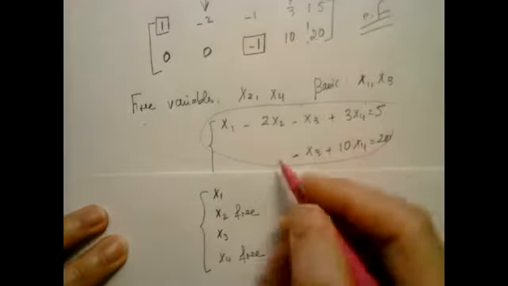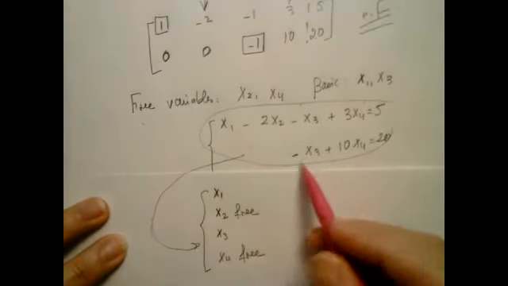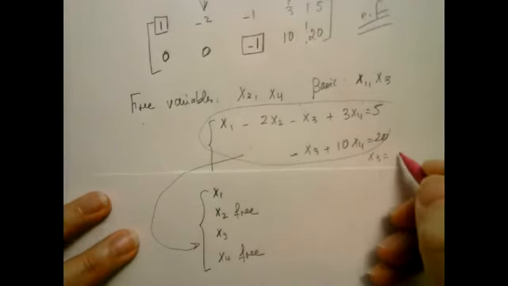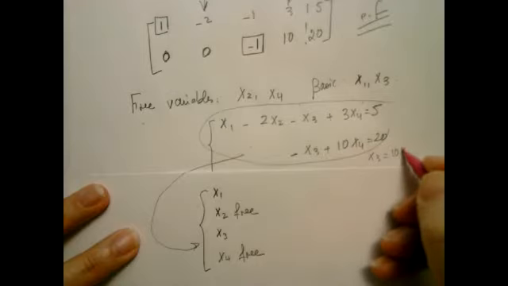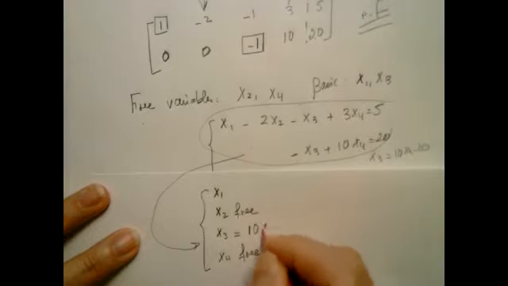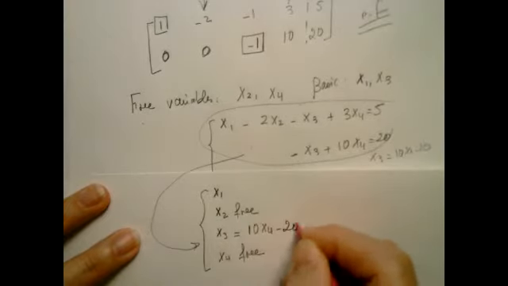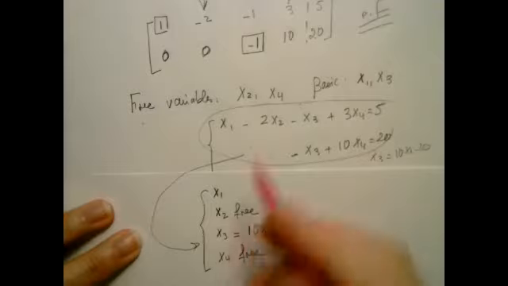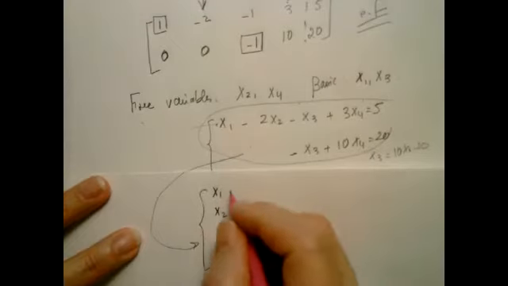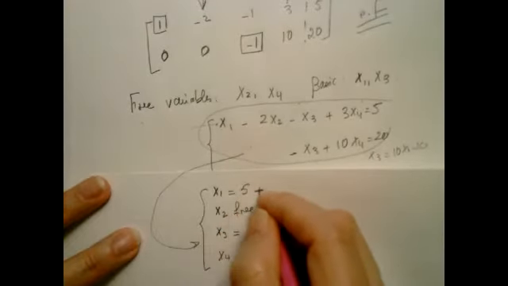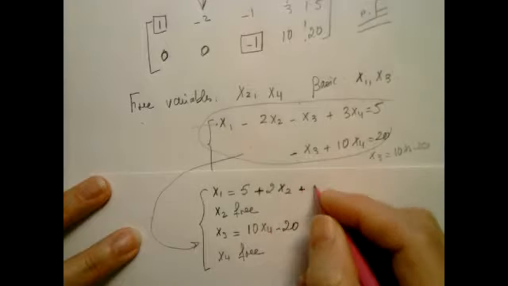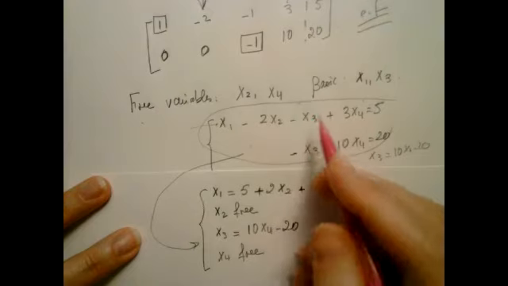Now, this one right there will give me, there is a minus x3, so we have to be careful. So it means x3 is 10x4 minus 20. x1, I use the first equation, that's the back substitution. So x1 would be 5 plus 2x2 plus, now it's plus x3, but x3 is not free.